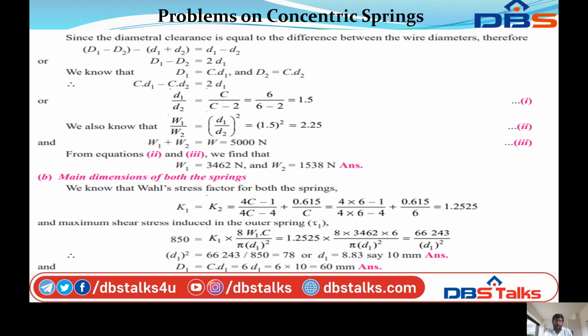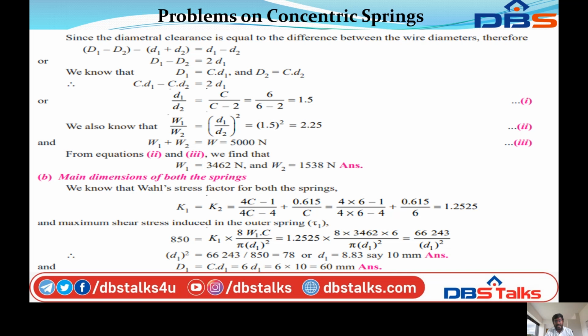And the maximum shear stress induced in the outer spring, tau 1 is equal to 850, equal to K1 into 8 W C by pi d1 square, that is equal to 1.2525 into 8 into 3462 into 6 by pi d1 square, that is equal to 66,243 by d1 square.